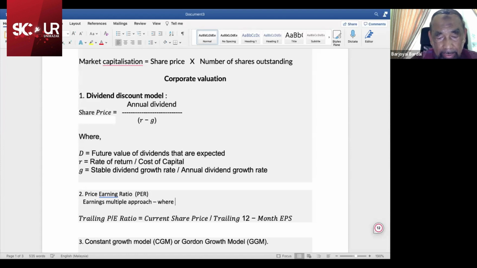where we multiply profit per share by the number of years, by the future number.